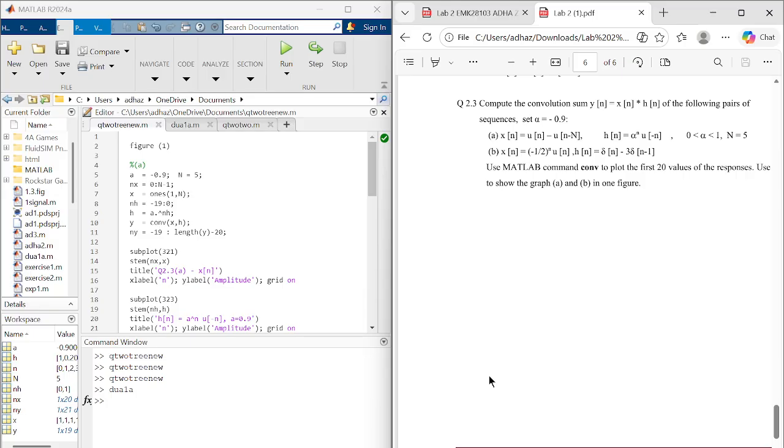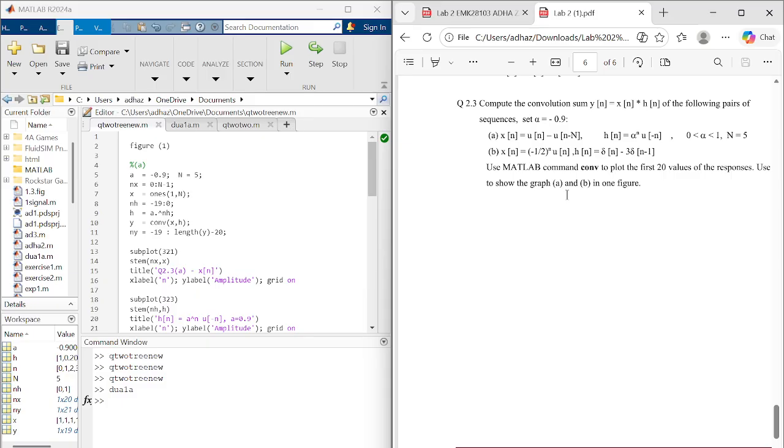Today we're going to solve the convolution problem by using MATLAB. We have the input signal s[n] and the impulse response h[n].